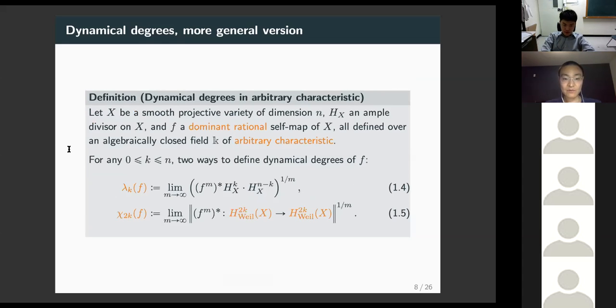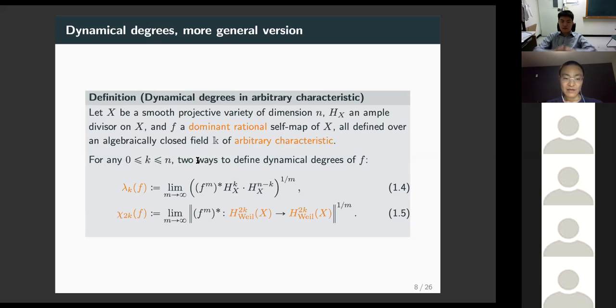So now we can talk about the more general version of dynamic degrees: dynamic degrees in arbitrary characteristic. Let X be a smooth projective variety of dimension n. We choose an arbitrary ample divisor H_X, and let f be a dominant rational self-map. We assume everything is defined over an algebraically closed field K of arbitrary characteristic.